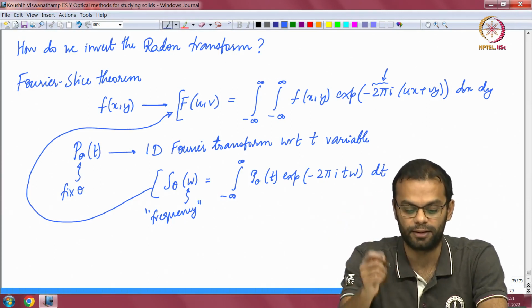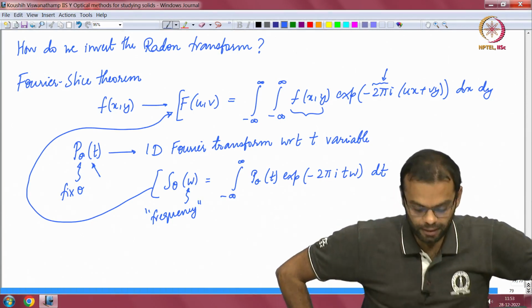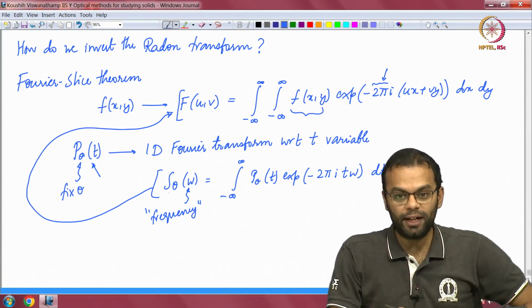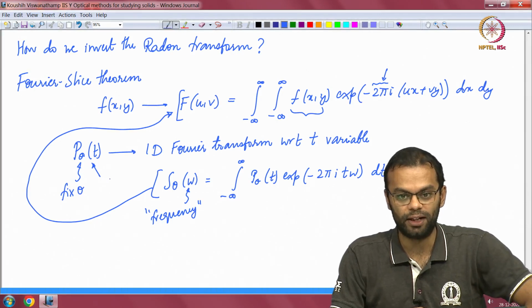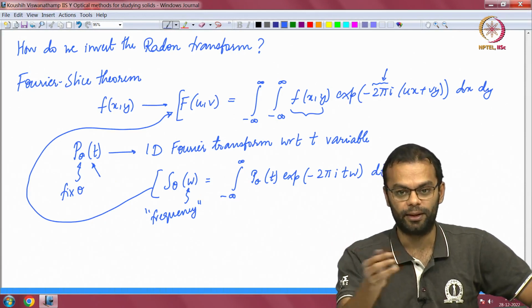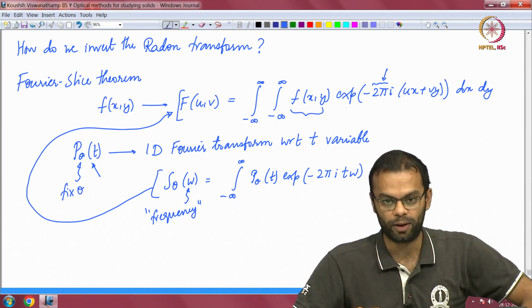Remember our aim is to recover f, that is what we want to find out, that is the unknown. So, this is how you relate the 1D Fourier transform of the projection p theta of t at a given value of theta to a 2D Fourier transform of the function we are trying to determine, okay. So, that is basically what the Fourier slice theorem tells us. Now, how this is related is what we will work out now.